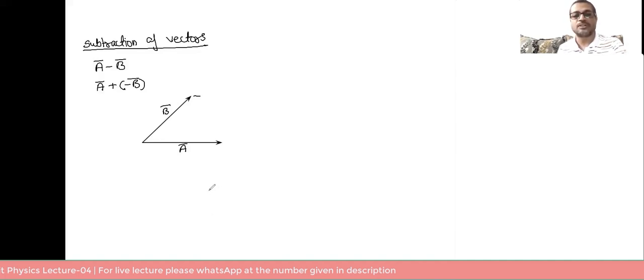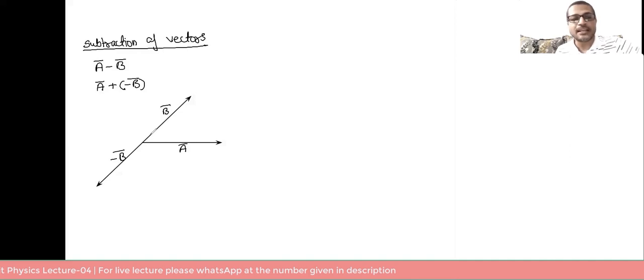Even before you start doing the parallelograms and all that, you have to draw a vector that is exactly opposite to B, like this. Now this vector is exactly negative of B. We have learned this yesterday. What is negative of a vector? A vector of the same magnitude but exactly opposite direction.